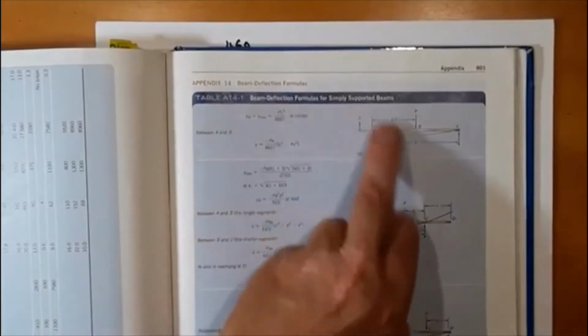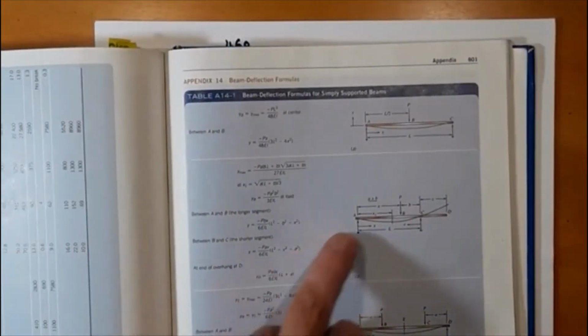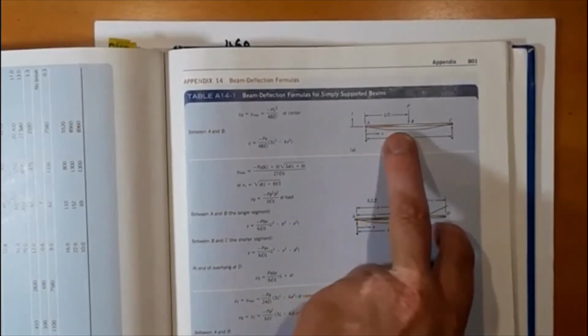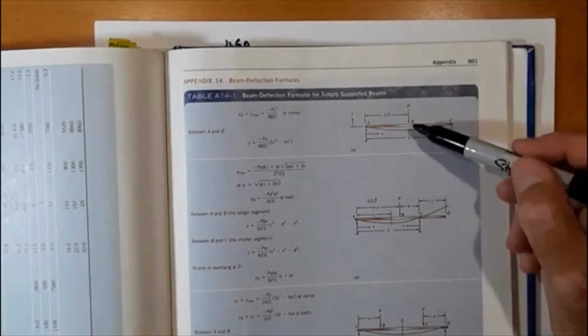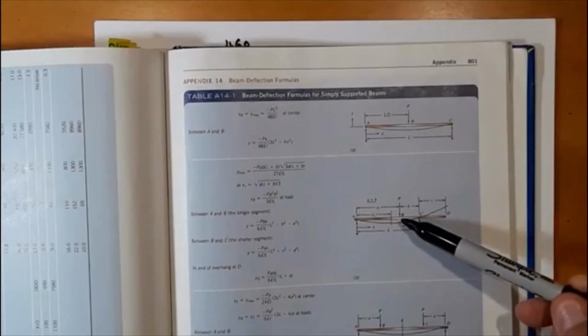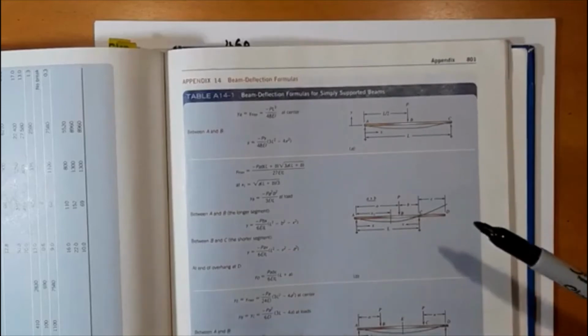Beam deflection formula, simply supported beams. This is a particular case where the load is right in the middle. We have this case where it's off the middle, and then I have principle of superposition.